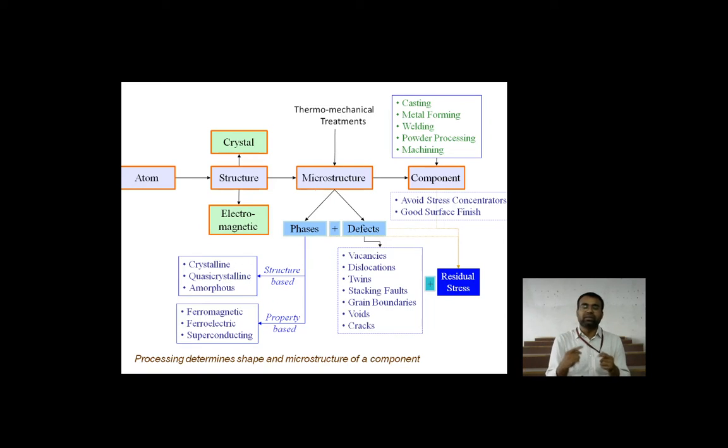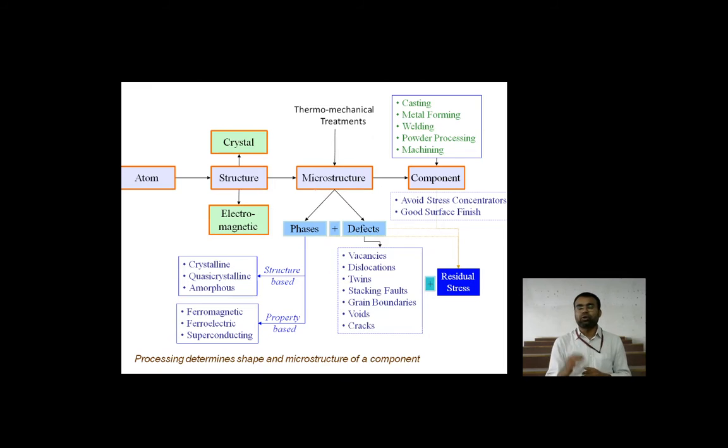Similarly, in welding, the weld pool starts to solidify from the nucleus to the atomic level, then the microstructure, and combining all these things creates a component. That is how the manufacturing process needs to be taken care of when creating any component for utilization in a specific way or at a specific place.